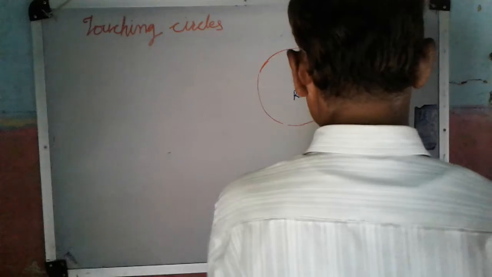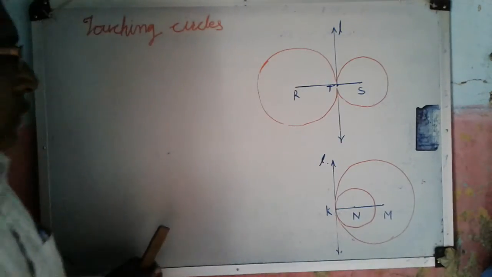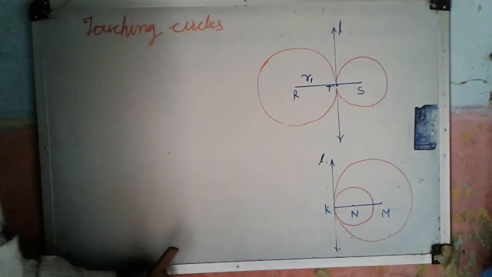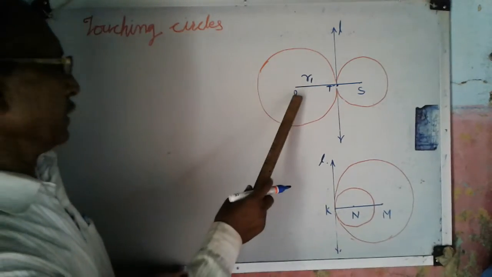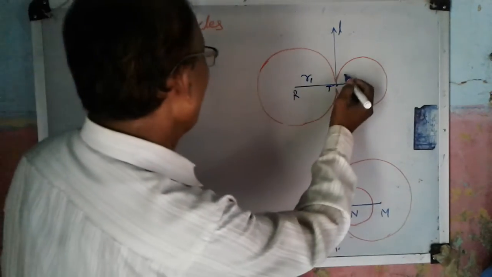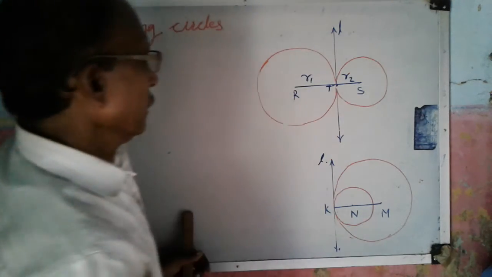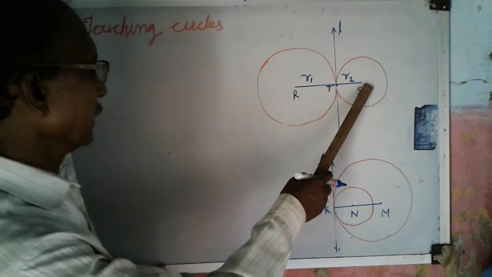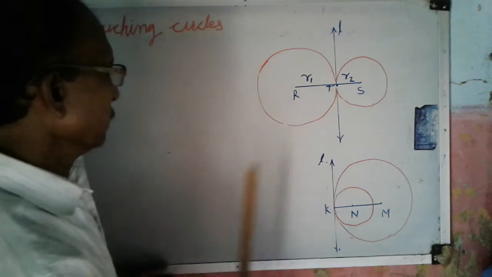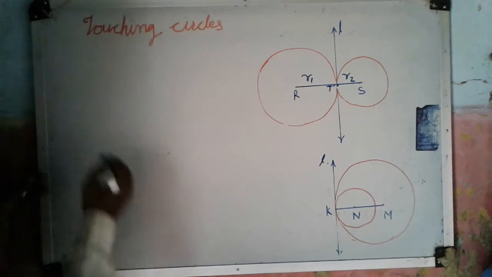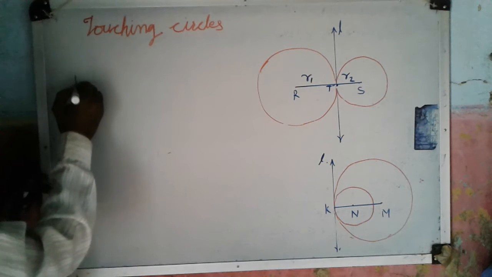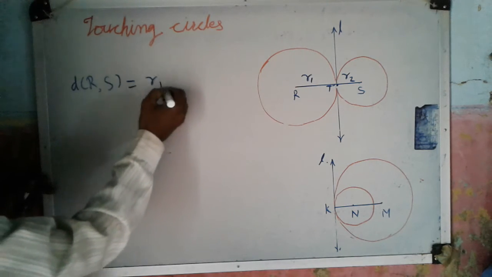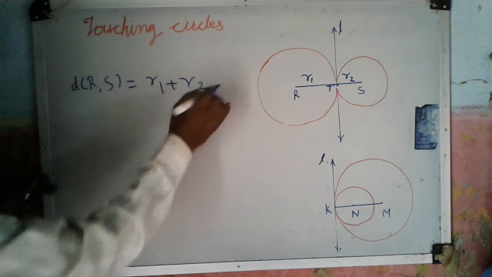Suppose R1 is the radius of the circle having center R, and R2 is the radius of the circle having center S. So the distance between their centers, that means the distance RS, is equal to R1 plus R2.